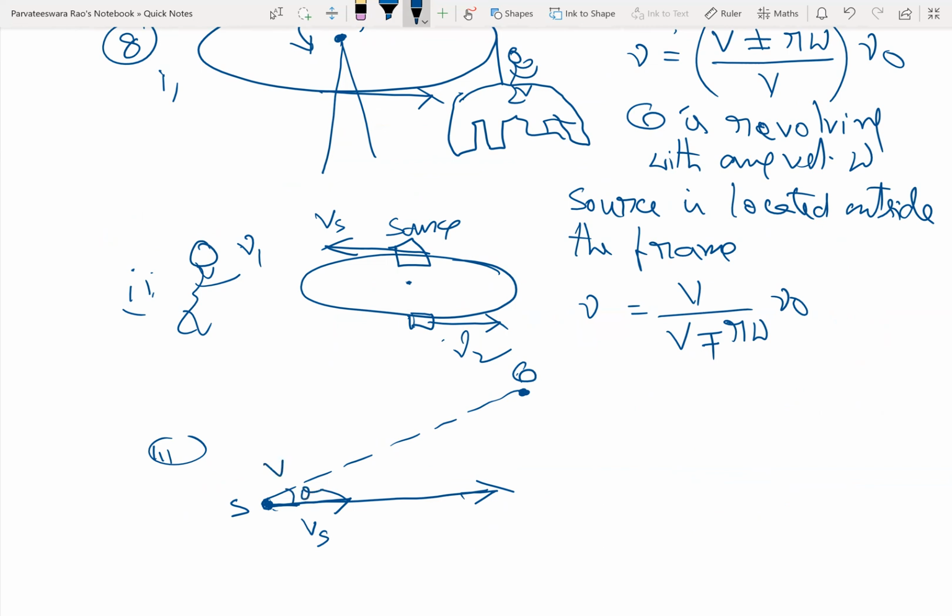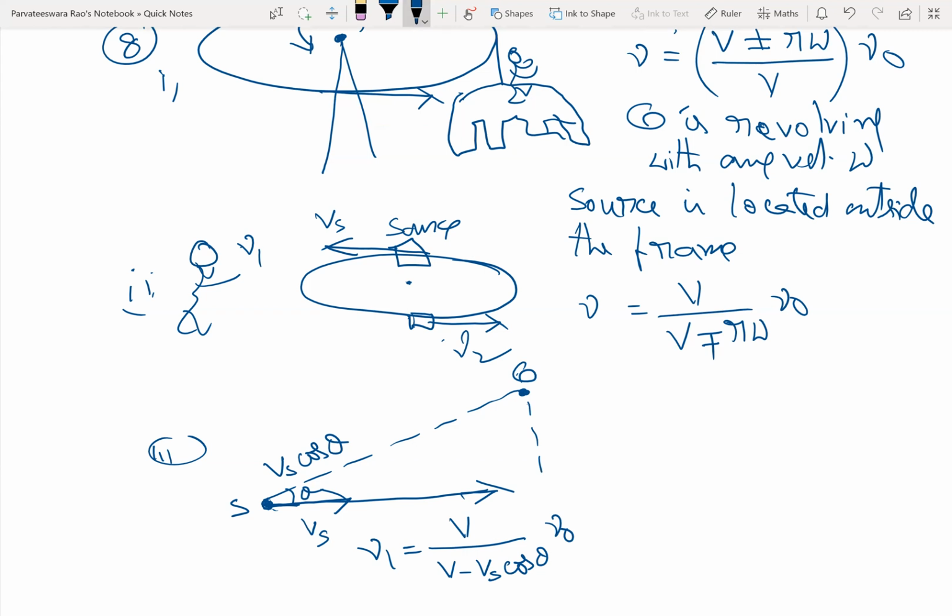Imagine this is theta, then the component of velocity of the source along the line joining source and observer is Vs cos theta. So the frequency when the source is approaching is given by V by V minus Vs cos theta into nu naught.